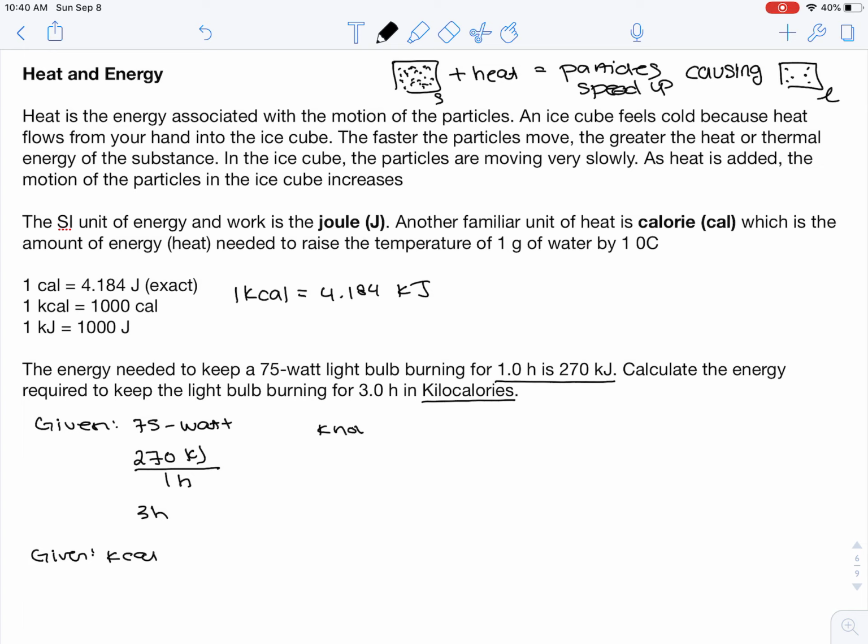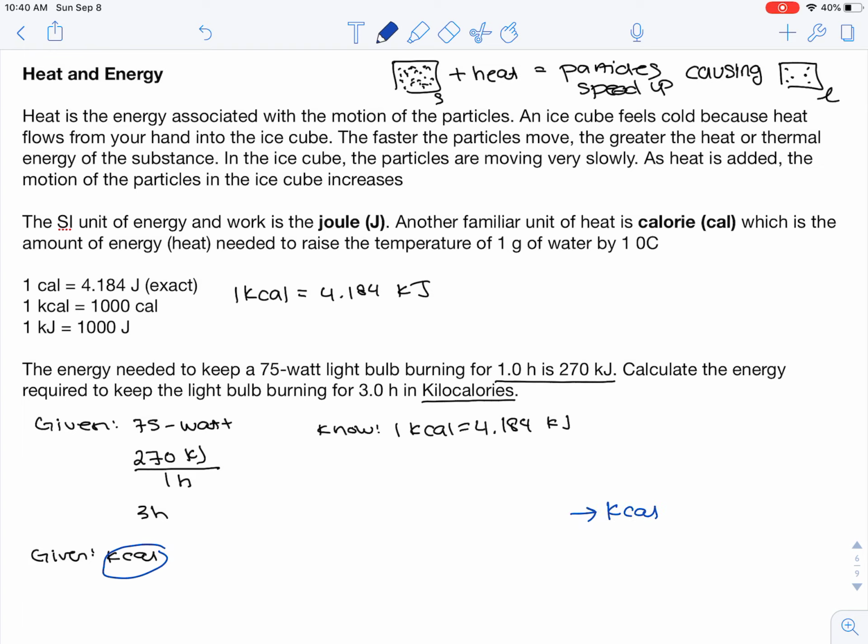So we know that kilocalories and kilojoules have this conversion factor. And you can also use any other conversion factors and make it multi-step or single-step. Just depends on what you want. So since I want to end with kilocalories, this is my ending point.